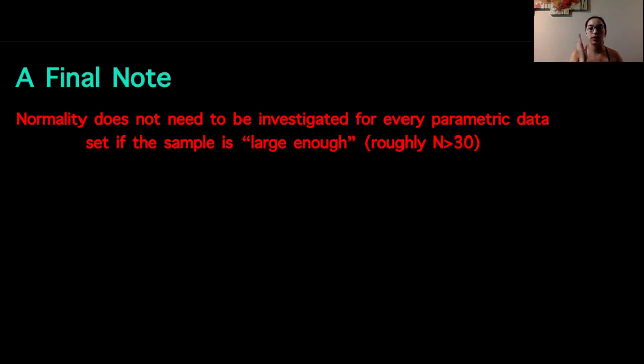So if your sample is large enough, based on the central limit theorem, you usually can assume that your data will be normally distributed. If you have a smaller sample size, less than 30, you usually would want to run normality tests just to make sure that your sample is normally distributed.